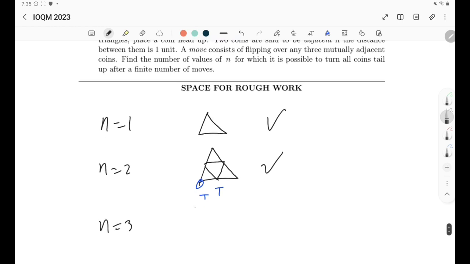Does it work for n equals 3? You know what, I can just extend this.